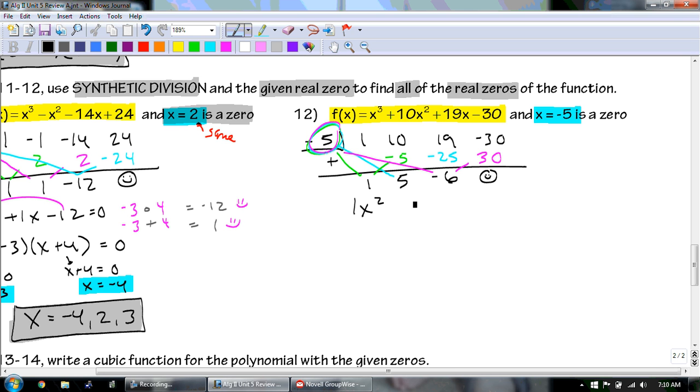So we have 1x squared plus 5x minus 6 equals 0. We need to factor this. So I'm looking for numbers that multiply to get to -6 and add to get to 5. Make sure you're doing your check, because if you put -2 and -3 or 2 and 3, they don't work. Okay, it's 1 and 6 and the 1 is negative.